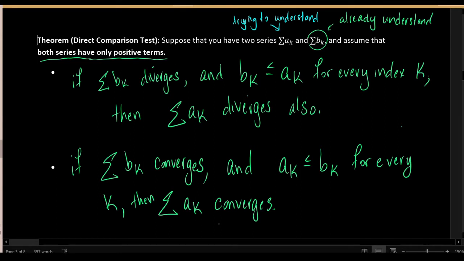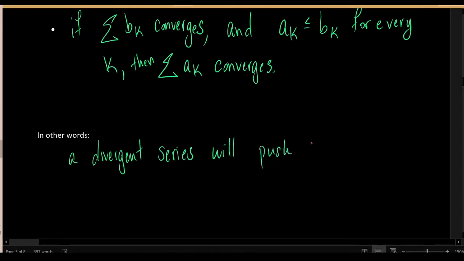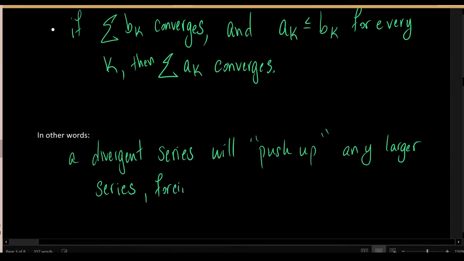So let's be clear about what this is saying. The divergent series will basically push up a larger series. It will push it up from underneath, forcing the larger series to also diverge.